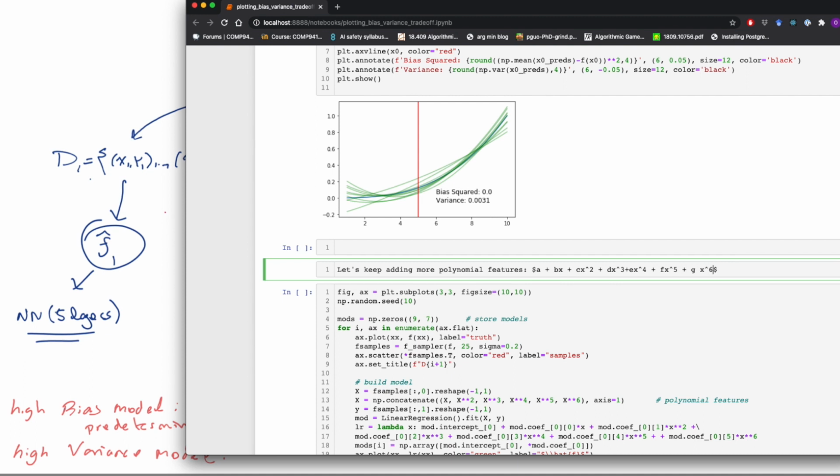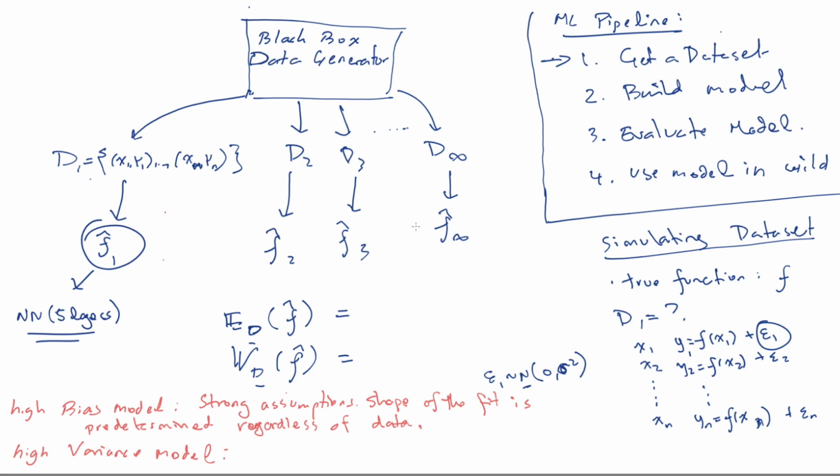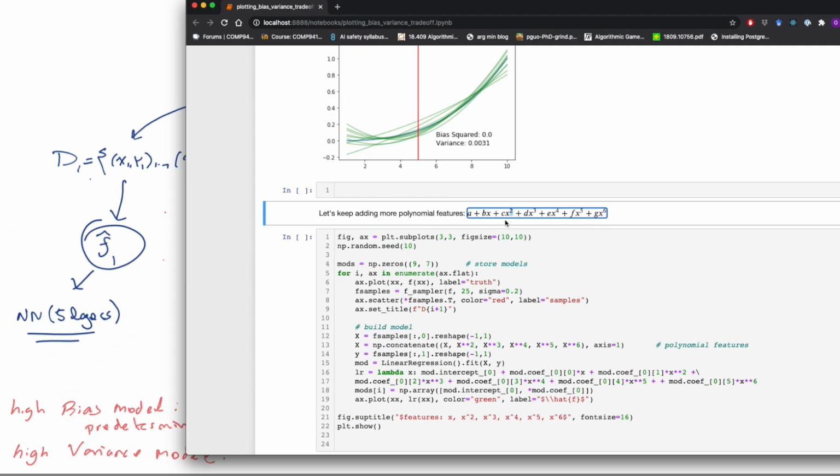So this is my regression. By the way, this is still linear regression. It's just that I'm adding polynomial features. So this is going to be a polynomial of degree 6. It's going to be a model that can be quite curvy, quite complicated.